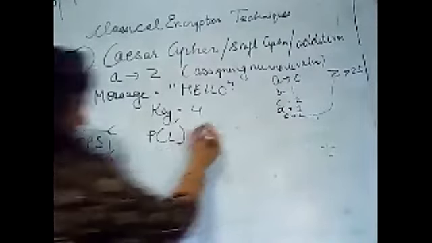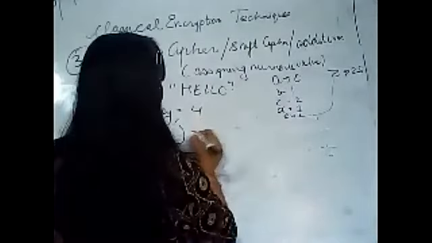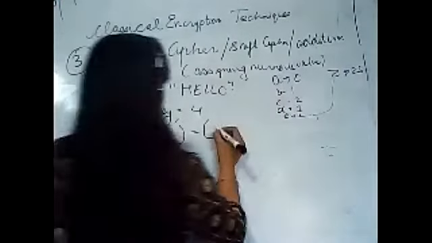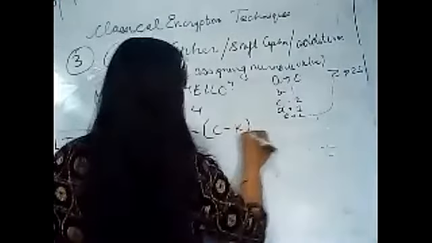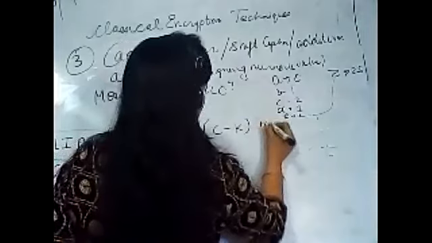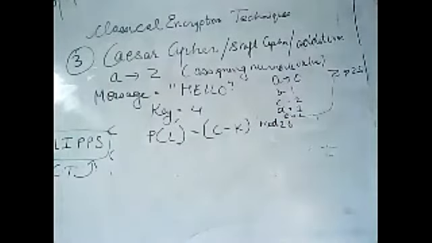P of L. So what was the formula that we are having here? That is C minus K, C minus K mod 26. This was my formula. Now, what was the ciphertext value of this particular character?